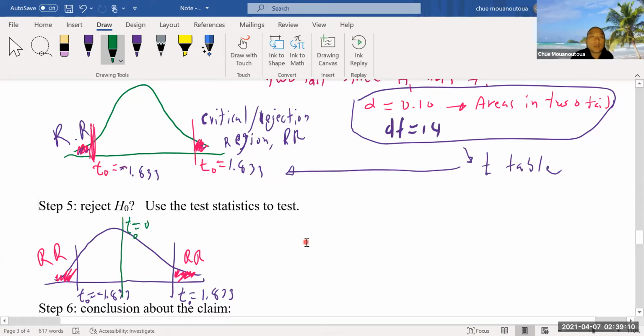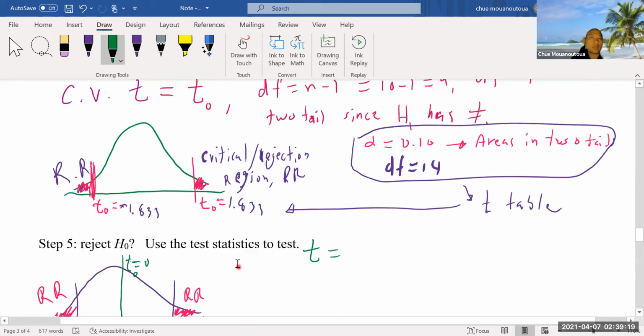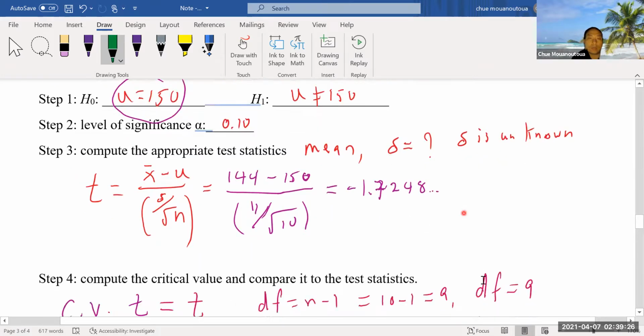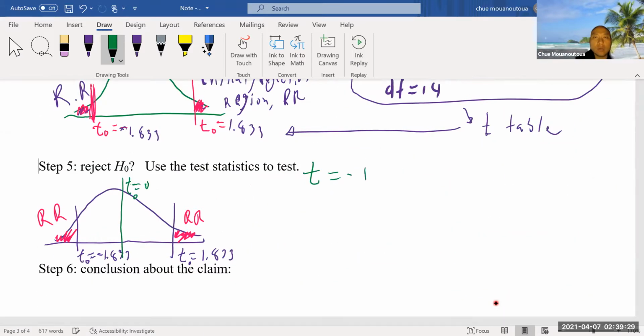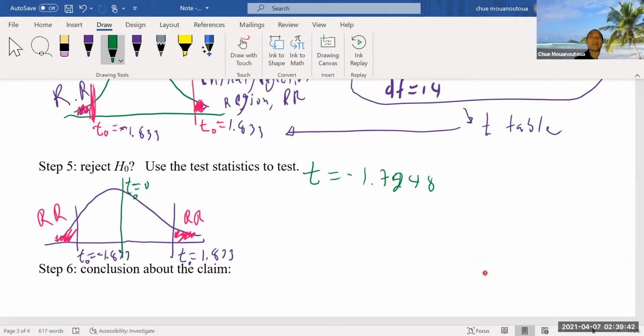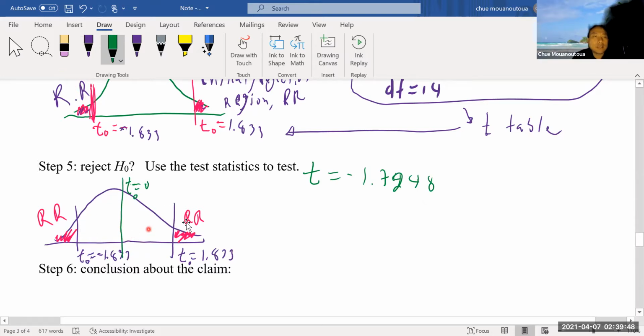So where is my test at? Our test statistic t, from step number 3, is negative 1.7248. Now we're going to ask where this test is inside this region. Is it in the rejection region, left or right, or in between?